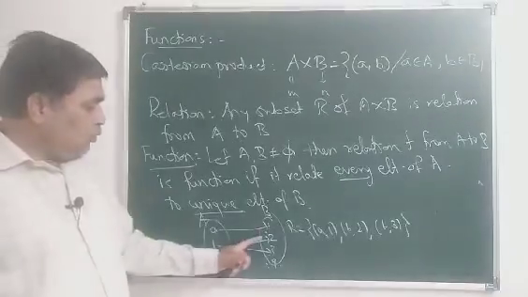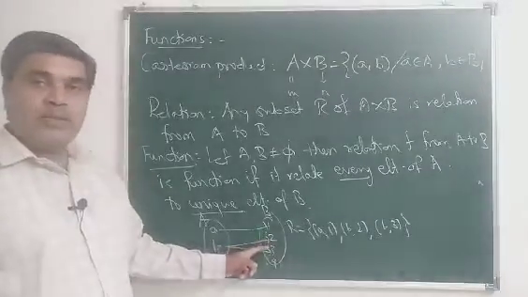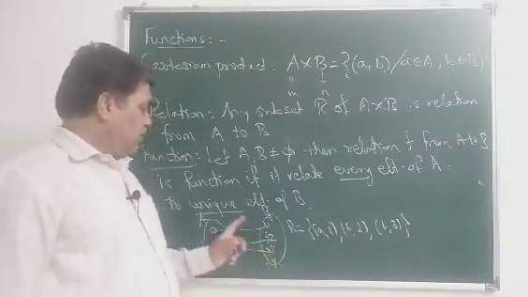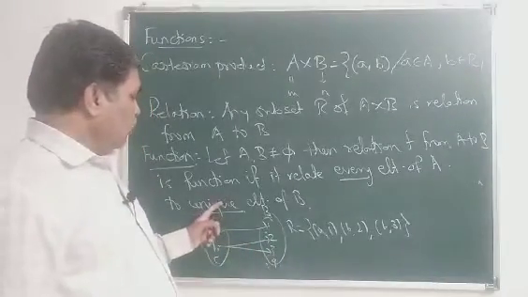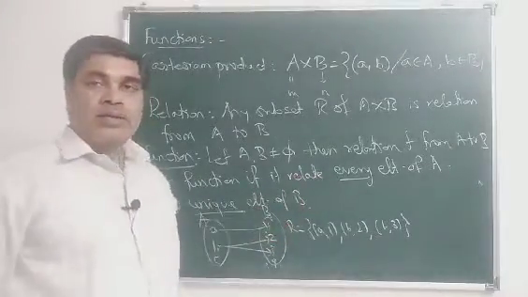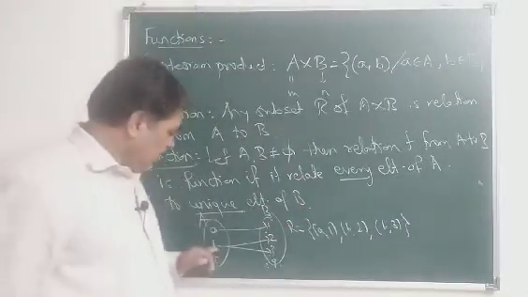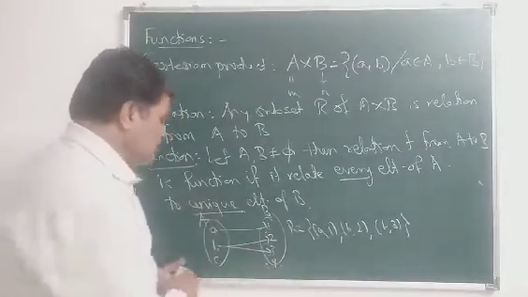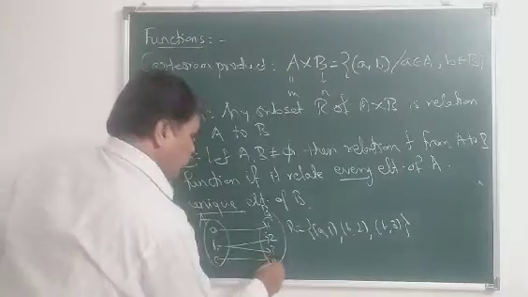It relates B to two different elements in B. But we require only one assignment for any element of A in B. Here there is one element having two images, and suppose C is also related to 4.